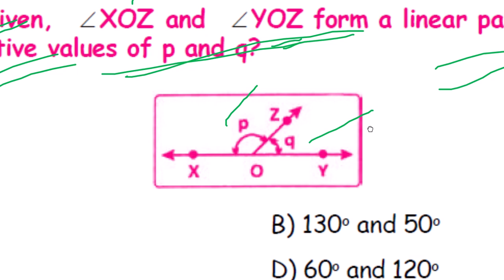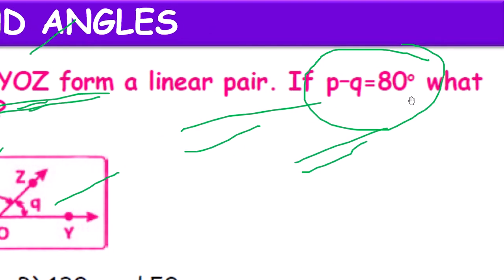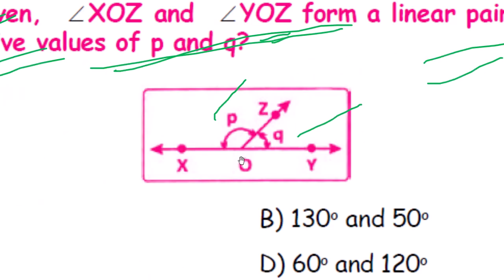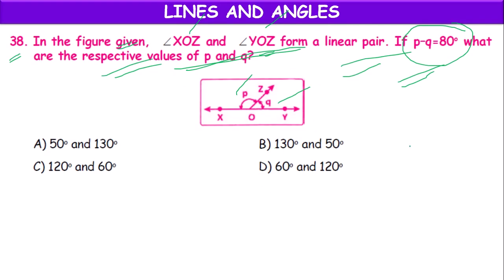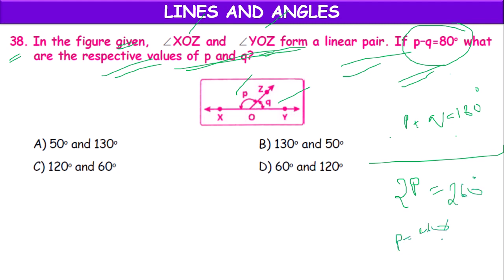That is one hint. Another hint, P minus Q equal to 80 degrees. We have to find P and Q. Now if we add both the equations, P plus P, 2P, minus Q plus Q cancel, 80 plus 180, 260. Or P equal to 260 by 2, which is equal to 130 degrees.